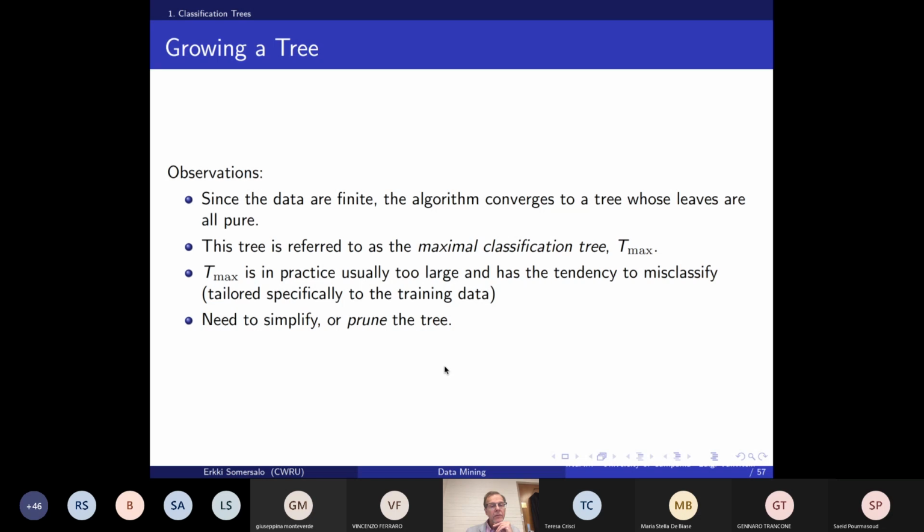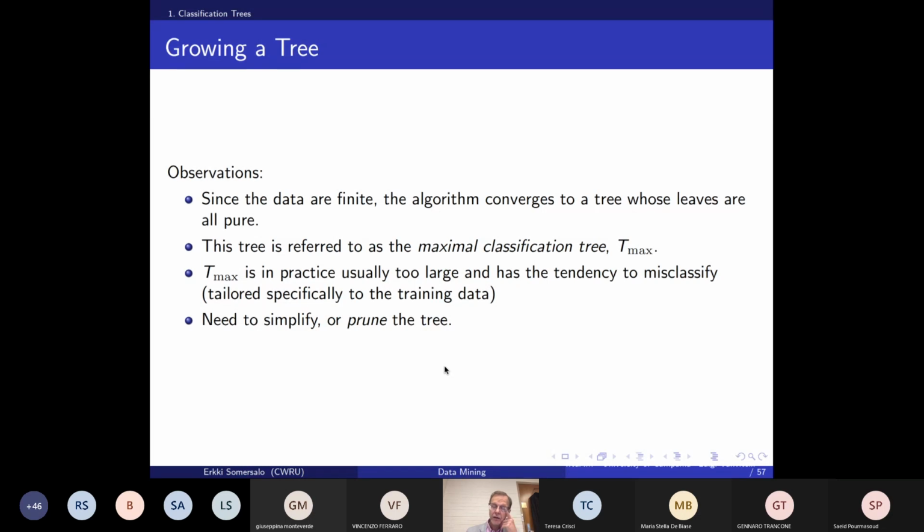And so here are some observations. First of all, since our data are finite, so we have only a finite number of data points, the algorithm converges to a tree whose leaves are all pure. Remember, the stopping criterion was that you continue the splitting until the set of mixed leaves is empty.